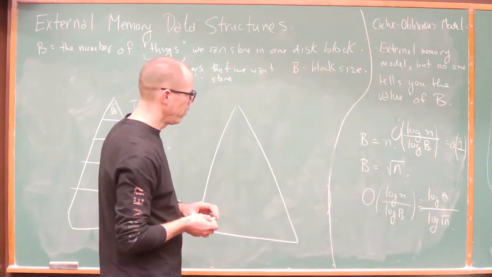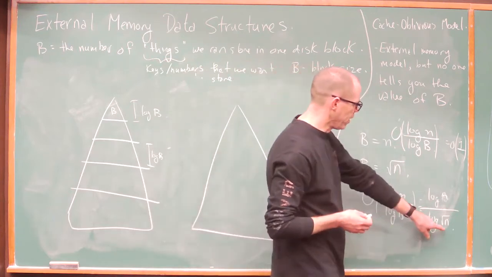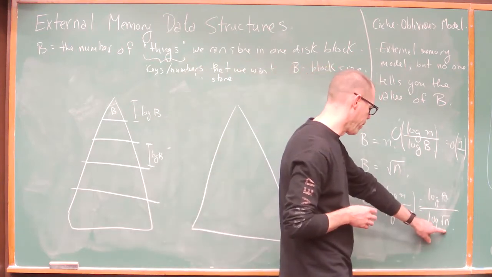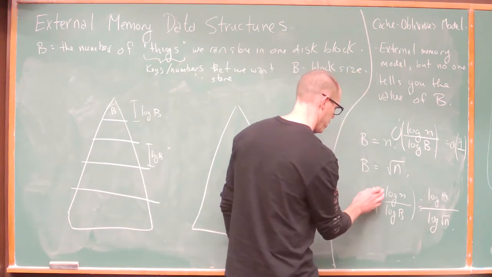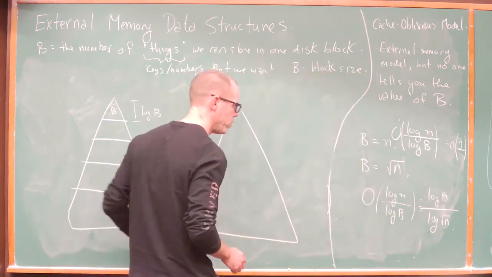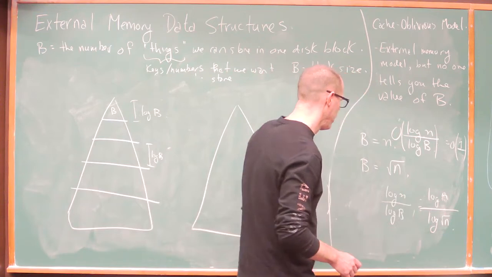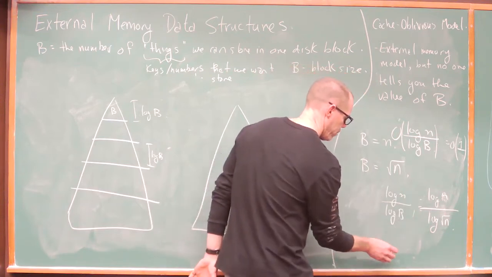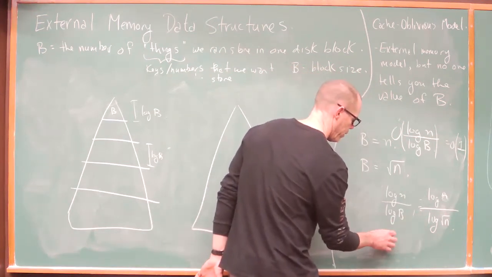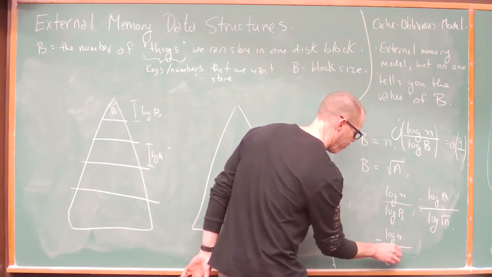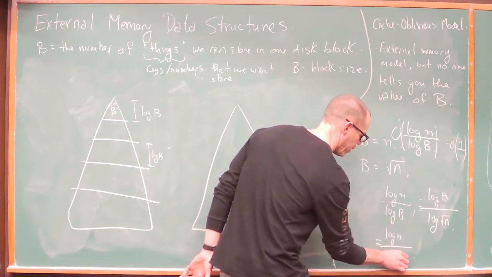What's the log of square root n? It's 1/2 log n. So if we drop the O for now, just so we can see what's happening, this is log n divided by 1/2 log n.